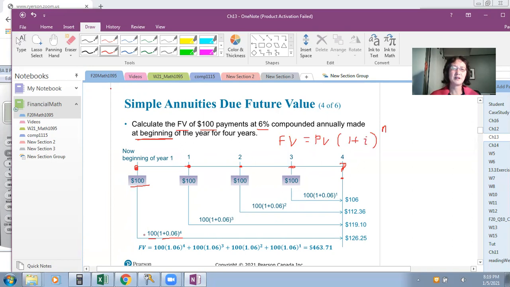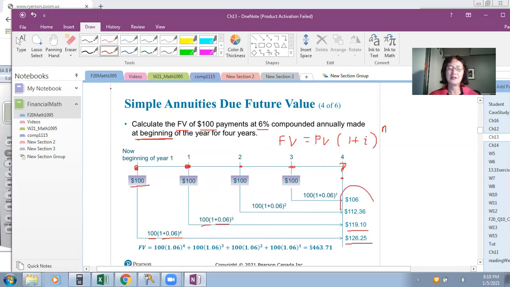Use this formula, you calculate $100 at the beginning of year 1 becomes $126.25. Similarly, this $100 here will become 100 times 1 plus i raised to power 3, 119, etc. So then what is the future value here?